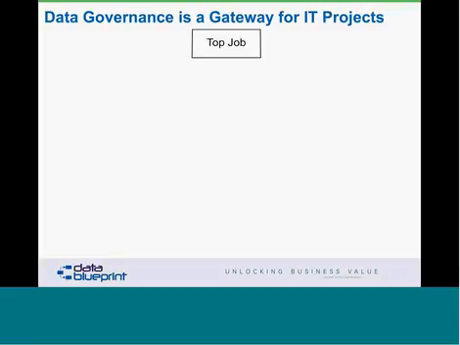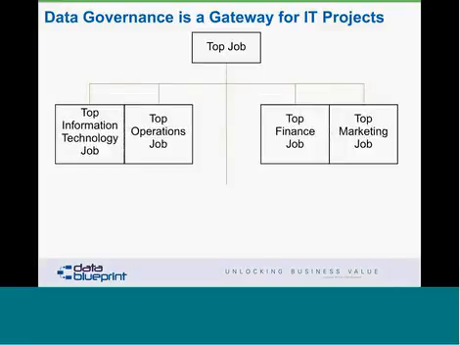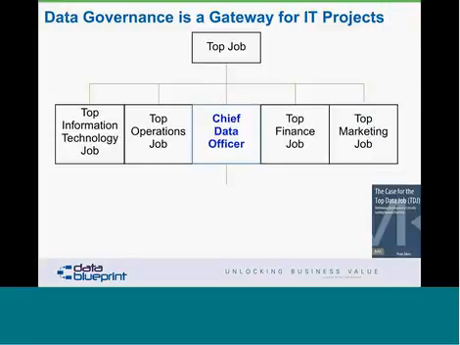Now, the greatest example of this is that most organizations have a lot of good people at their top jobs. Your top IT job, your top operations job, your top finance job, and your top marketing job. Most organizations have not, however, implemented a chief data officer job. In fact, our survey showed that 70% of the CDOs have been hired in just the last year alone.